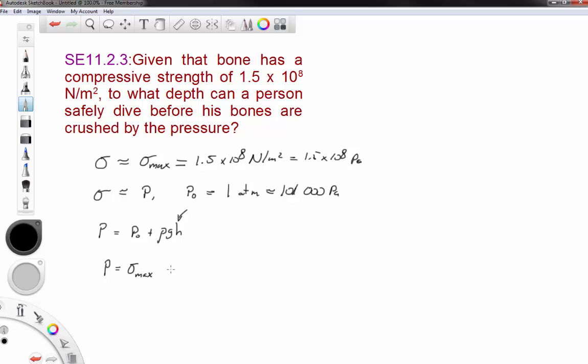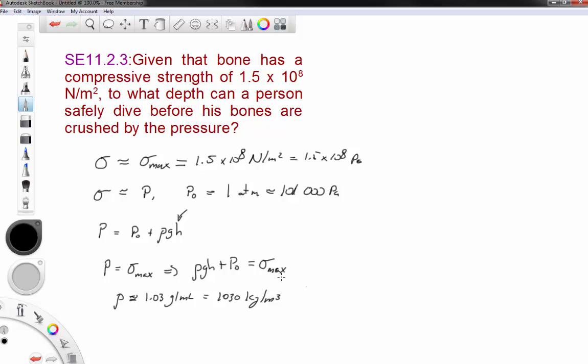So this means that rho times g times h plus the pressure at the top of the water is going to be equal to the maximum stress. Now, I didn't really specify what kind of water we're talking about, but presumably, since we're diving this deep, it's ocean, so salt water. So we'll use rho is approximately 1.03 grams per milliliter, which is 1,030 kilograms per cubic meter.